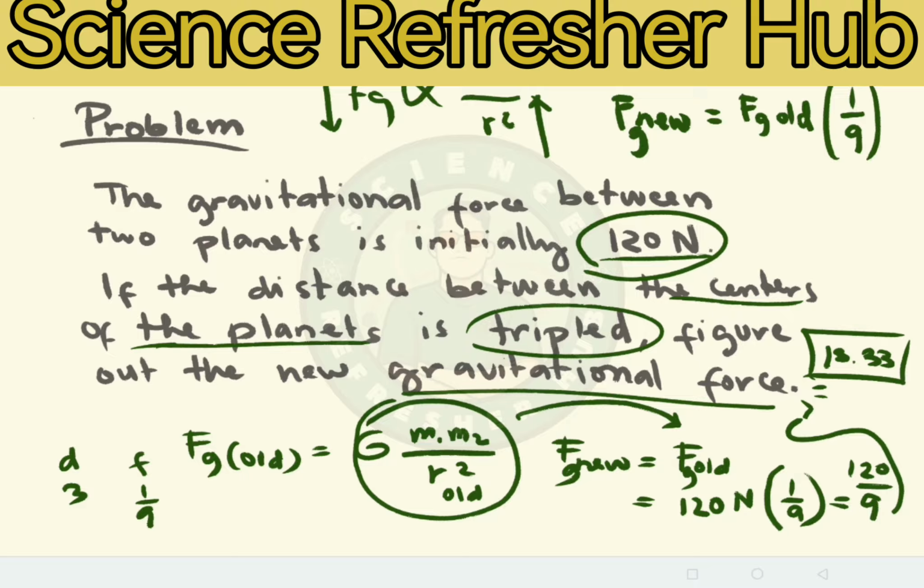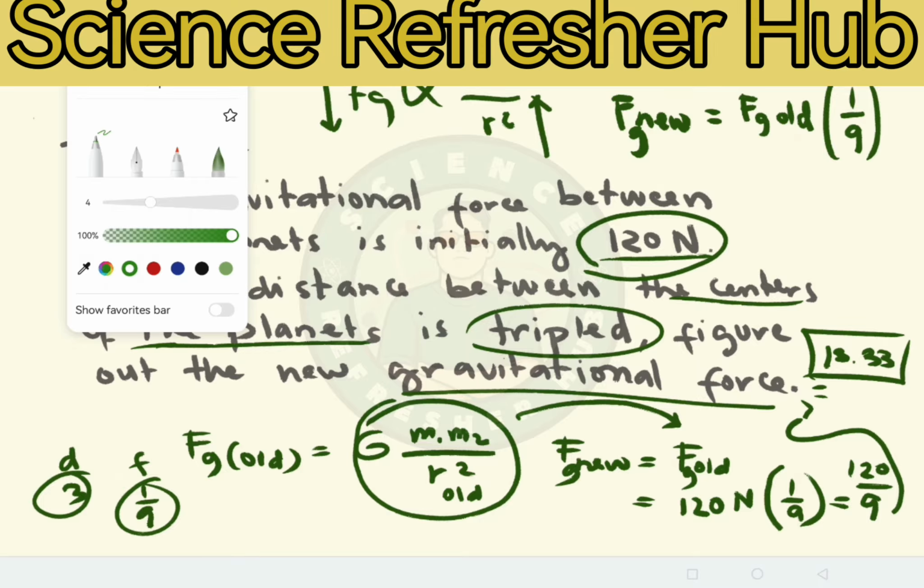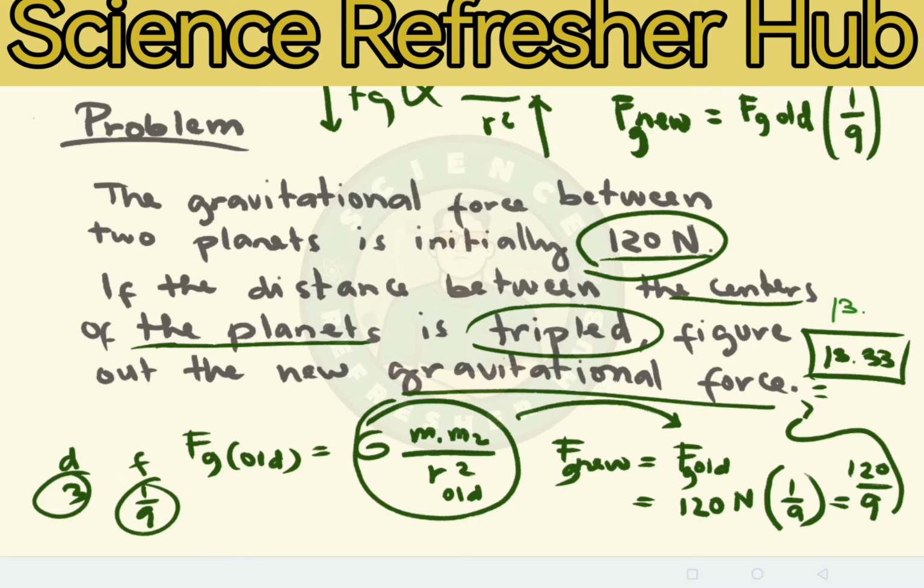So that's 1/9. Okay, if the distance is 3, we have a force factor of 1/9. So just disregard the units here, but in your final answer, don't forget to put the unit, just like this one. The answer, I will make it clear, is 13.33, and the unit will be newtons.